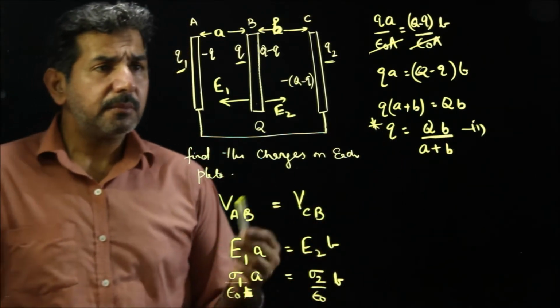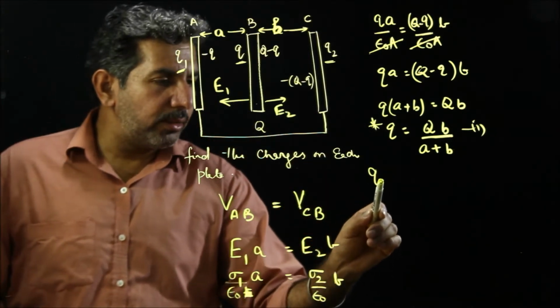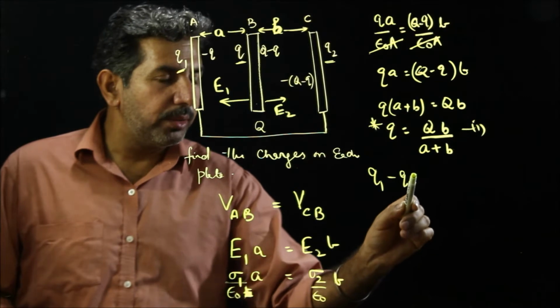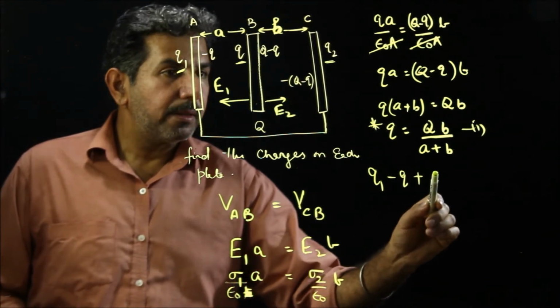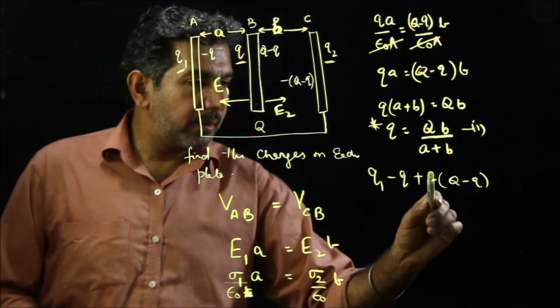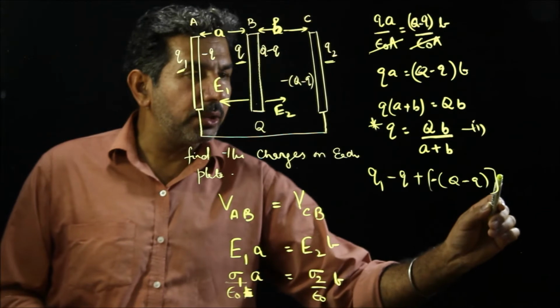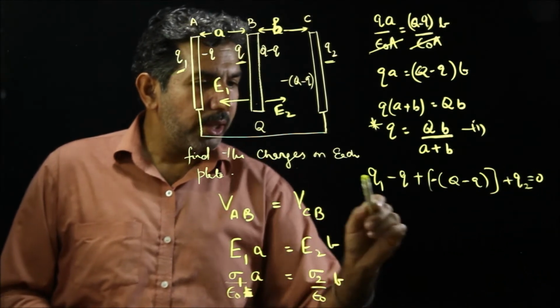Now q1 minus q plus minus of q minus q plus q2 is equal to 0.